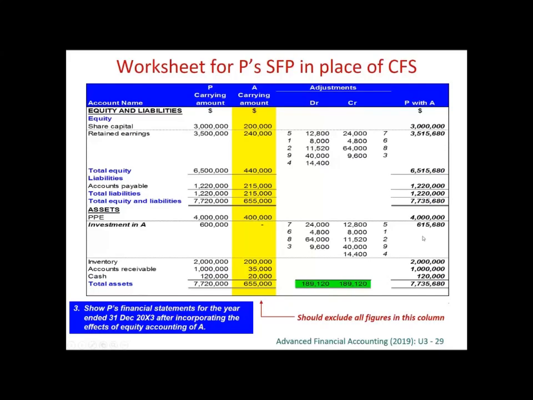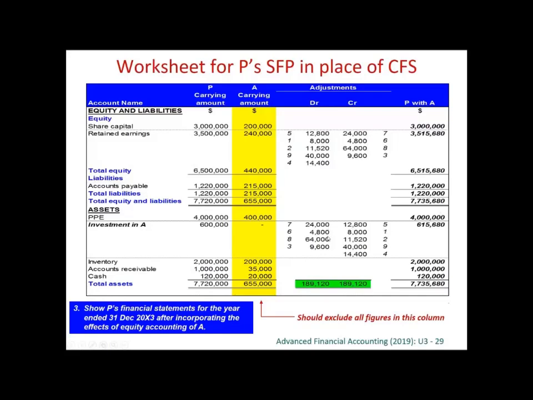The answer template may not give you this item because it is not included in the financial statement of the parent and the associate. So this is a new item. It is your responsibility to insert this item called investment in associate, which should be inserted under non-current assets.